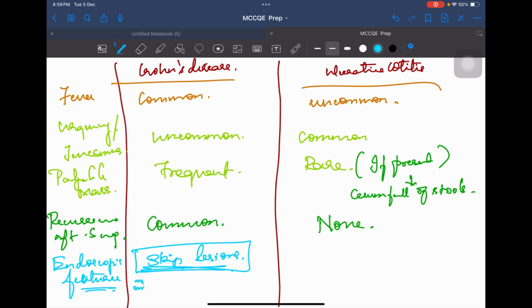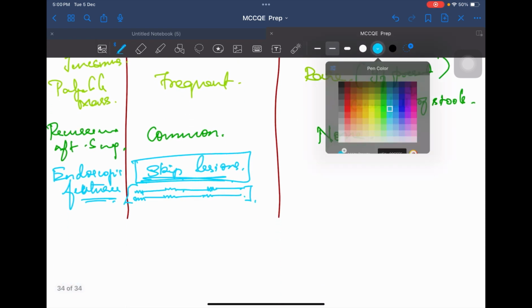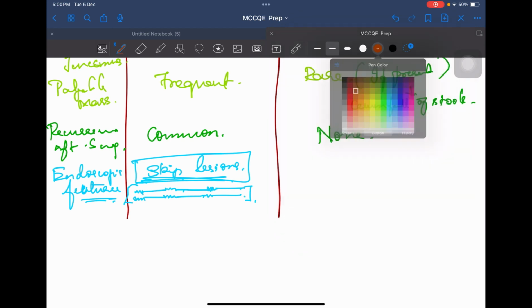There will be pathology in some distance of the small bowel, and then again there will be normal bowel, then again some pathology, then normal bowel, then pathology, then normal bowel. So this will be the scenario. This is nothing but the skip lesion.